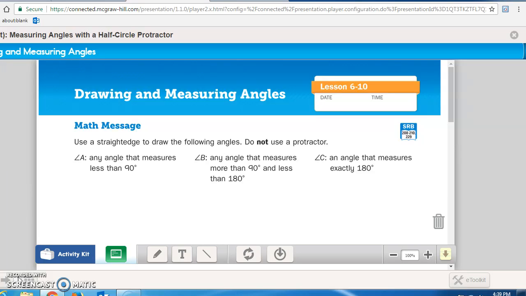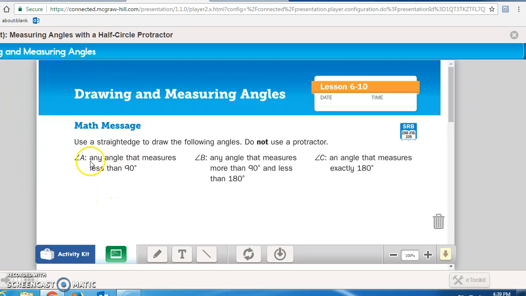You're going to need to do Math Journal page 216. It says that you're going to be drawing angles. So I'm going to read the directions here to you aloud while you read them silently. And it says, use a straight edge to draw the following angles. Do not use a protractor. So we want you to just use something with a straight edge.